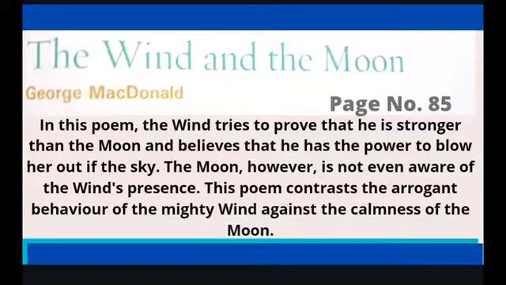So in this poem, the wind is shown as a fierce, arrogant character, whereas the moon is shown as a very calm moon, calm and peaceful. Now what happens is, as the wind tries to blow, the moon becomes smaller and smaller in size.